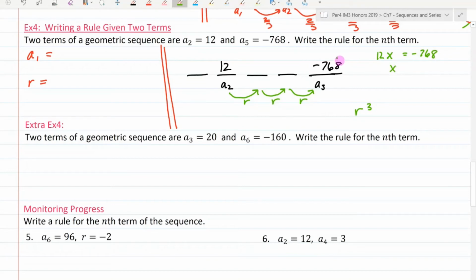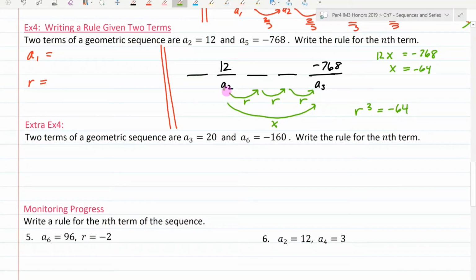So this entire multiplication, if we call this X, if we divide negative 768 by 12, we get negative 64. So that means that R to the third is equal to negative 64.